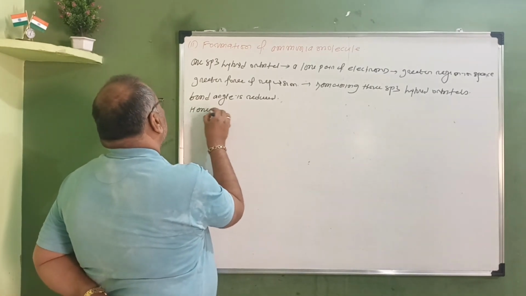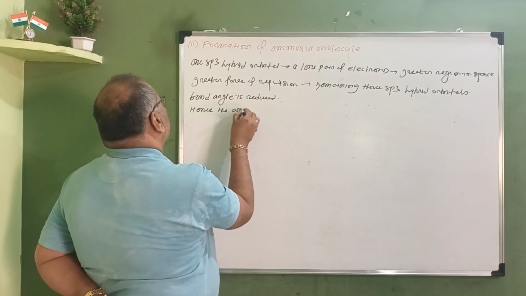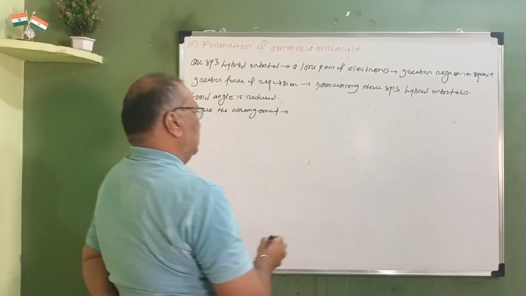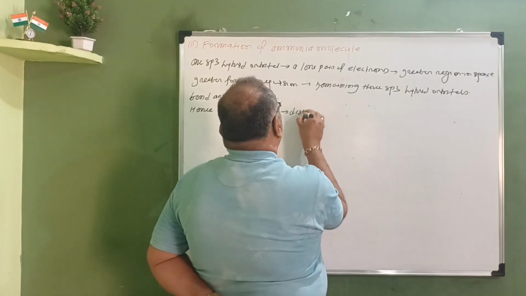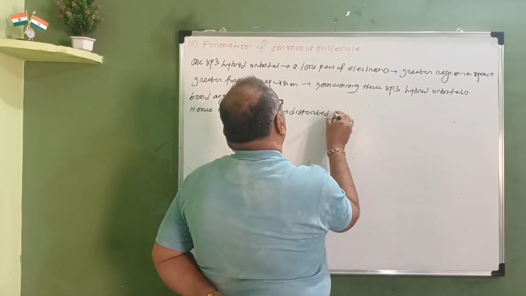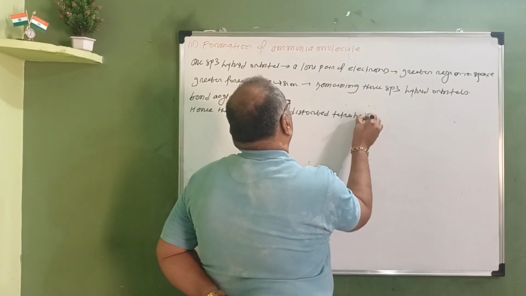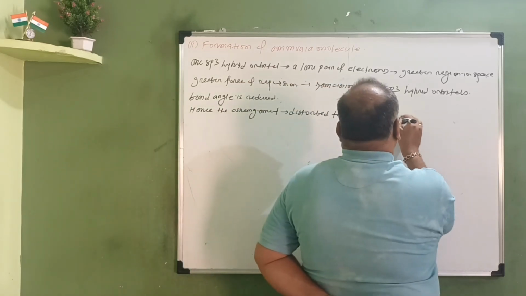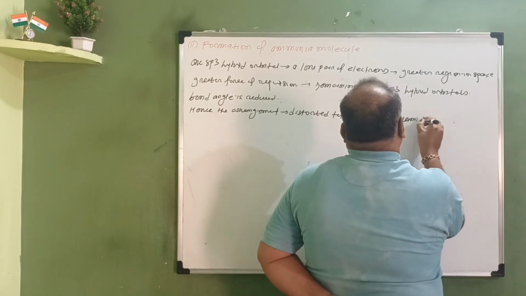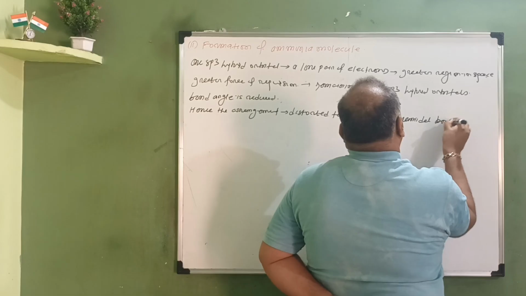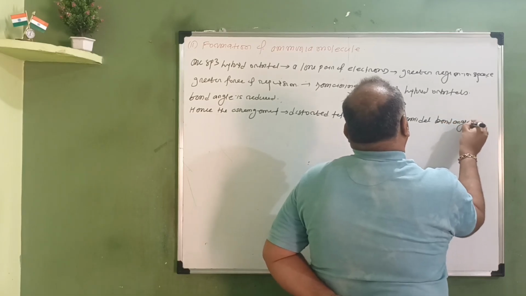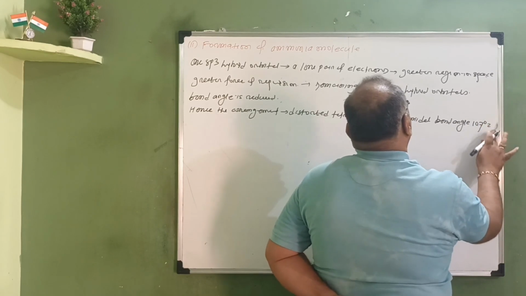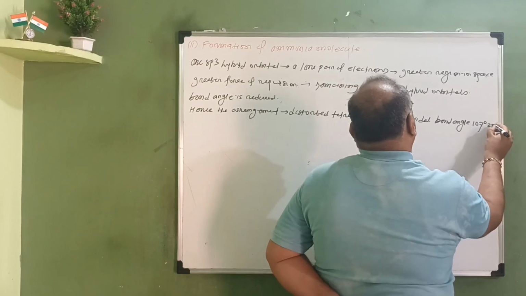Hence the arrangement is distorted tetrahedral or pyramidal with bond angle 107 degree 28 minutes.